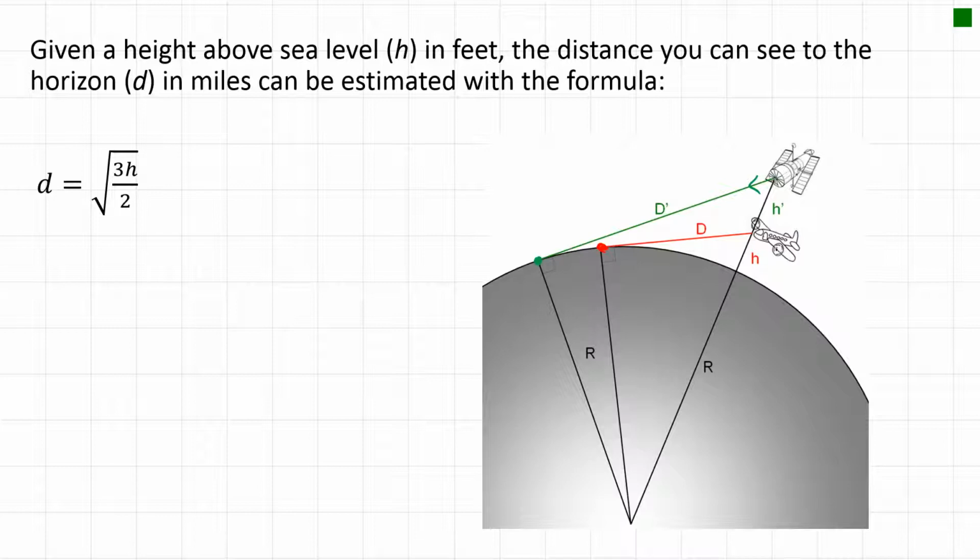And there's actually a nice formula that we can use to calculate, given a height above sea level in feet, the horizon distance in miles can be estimated with this formula. D is equal to the square root of 3h over 2.